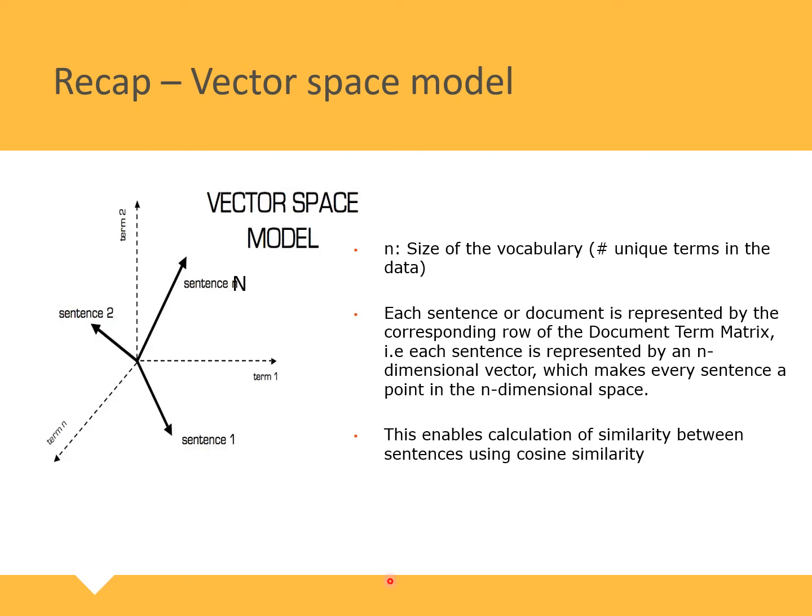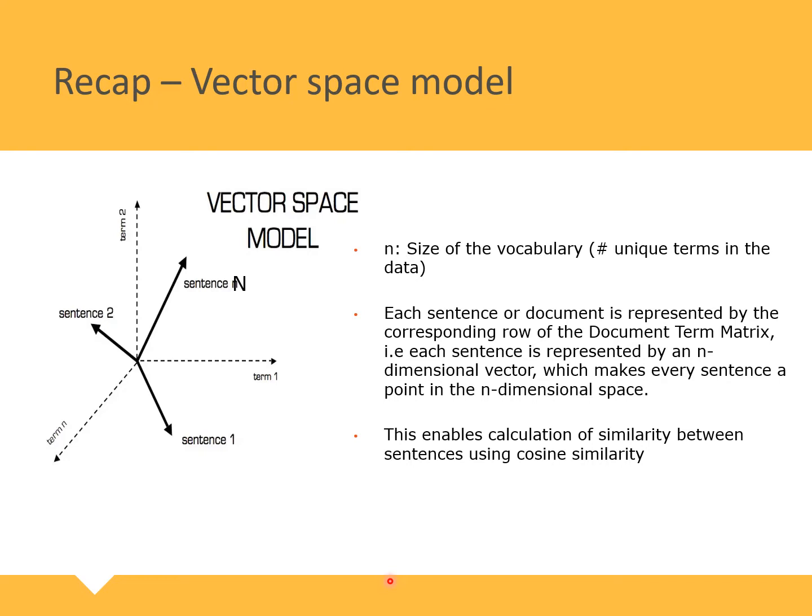Right. So before going into the details of LSA or latent semantic analysis, let us do a very quick recap of the vector space model, which we discussed in one of our previous videos.